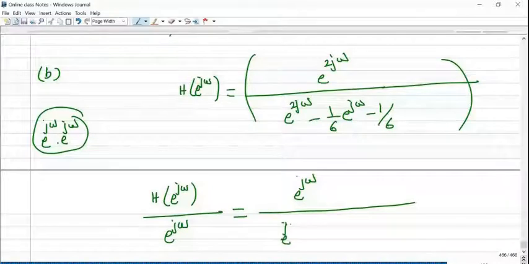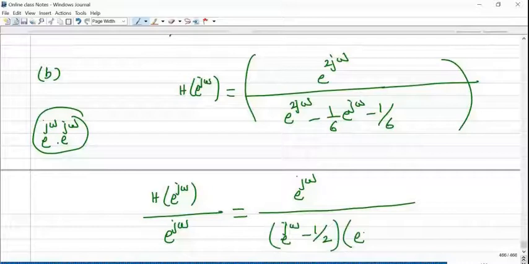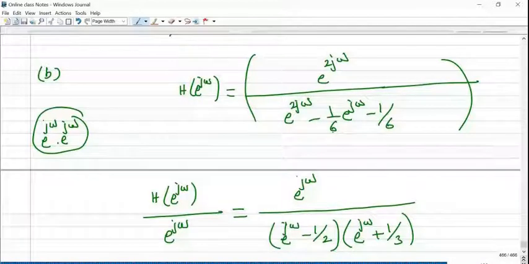So e power j omega minus 1 by 2 and e power j omega plus 1 by 3, right? Minus 1 by 2 multiplied with plus 1 by 3 gives minus 1 by 6, and adding minus 1 by 2 plus 1 by 3 gives minus 1 by 6. So the factors are minus 1 by 2 and plus 1 by 3.